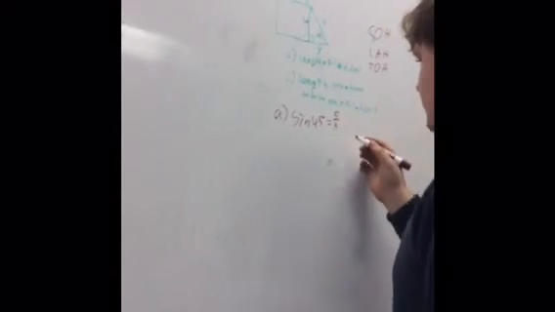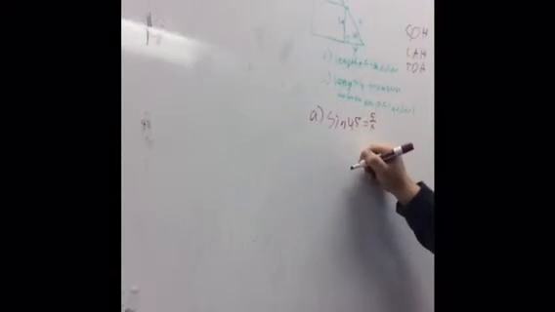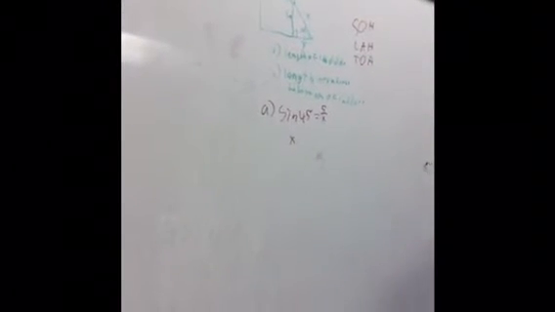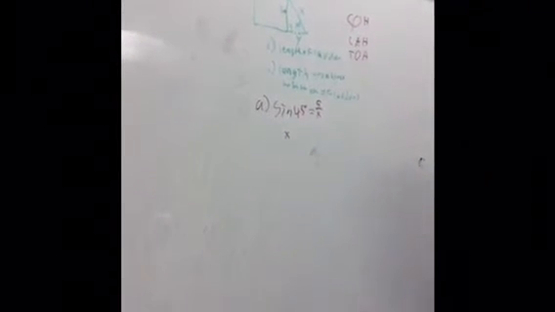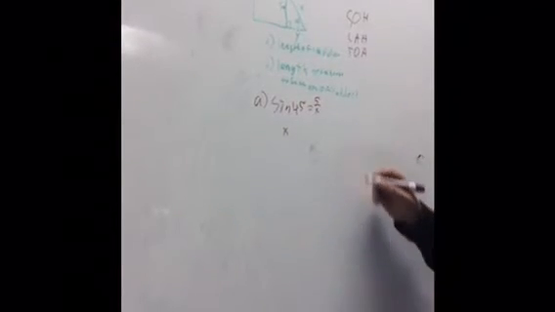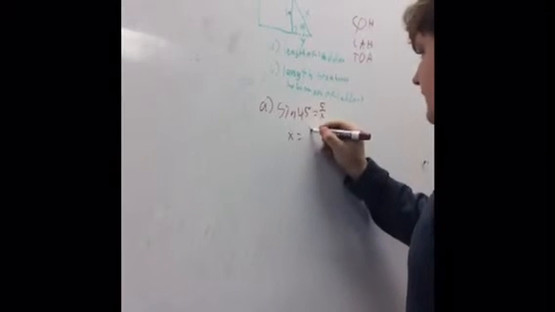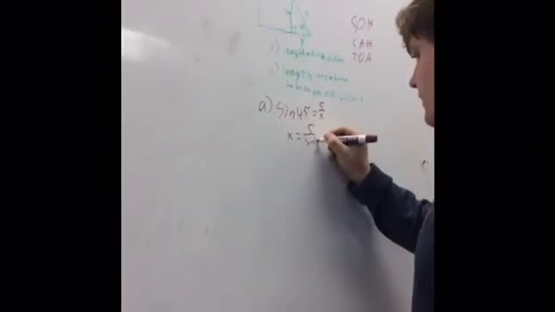And you would solve this out using your calculator. And with the calculator, you would always want to make sure to put it in degrees, unless you're doing it in radians. So x equals 5 over sine of 45.